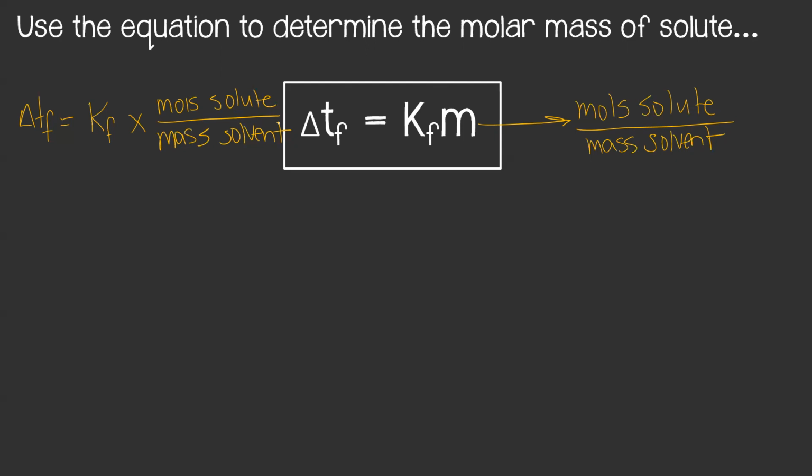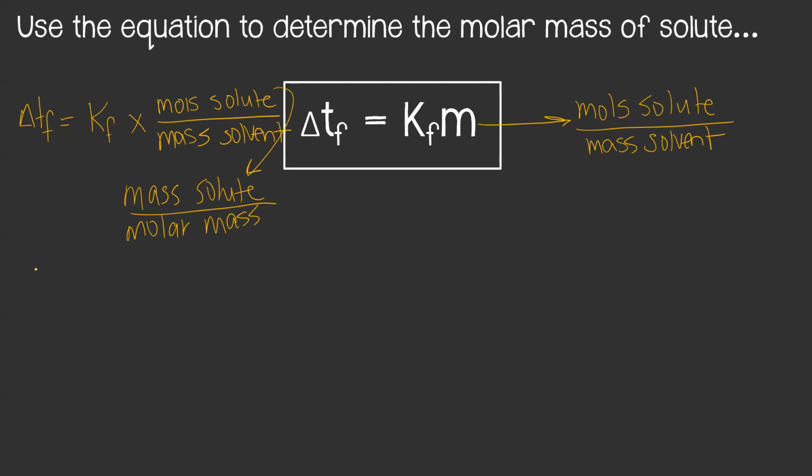But if you think about moles, what does moles equal? Going way back to Chem 1, moles is actually going to be equal to the mass of solute over its molar mass. Okay, that's how we get to moles.